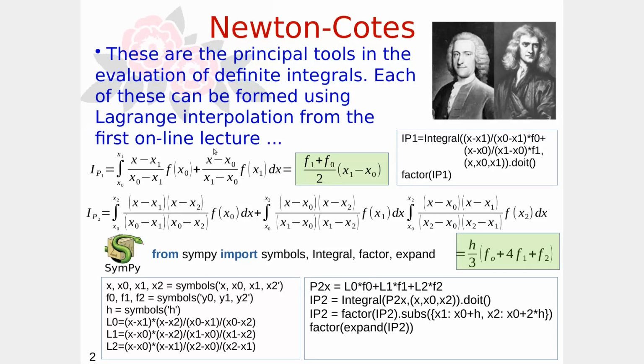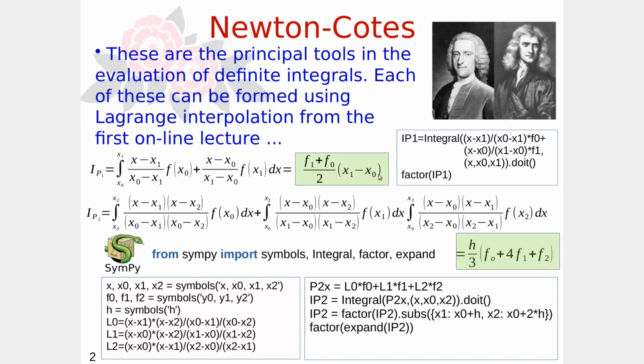You could then perform the integration. This is relatively straightforward with a substitution of, say, u equals x minus x1 and v equals x minus x0, and changing the dx accordingly.